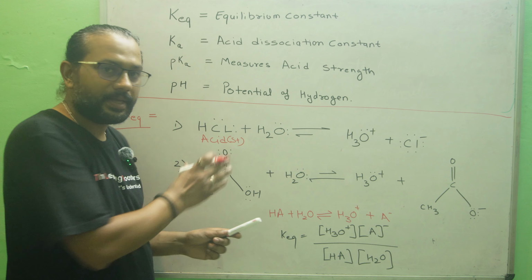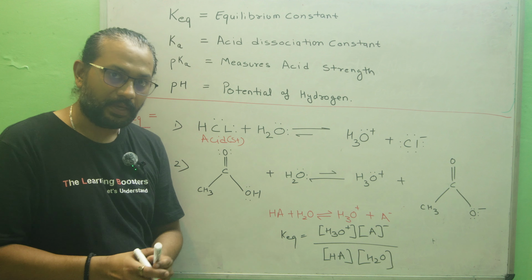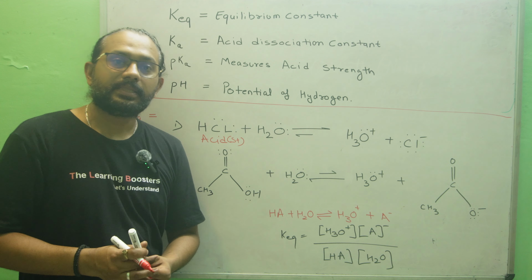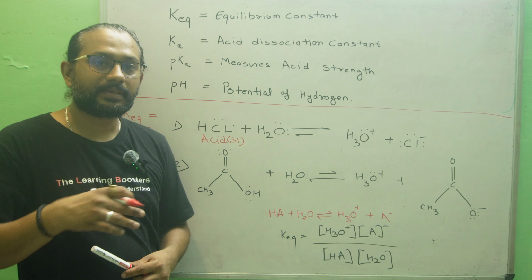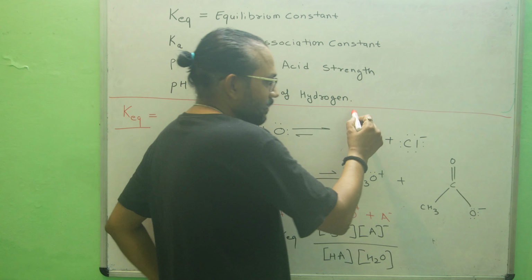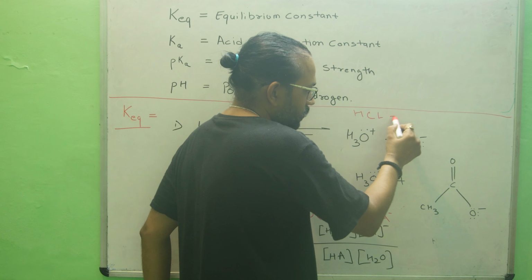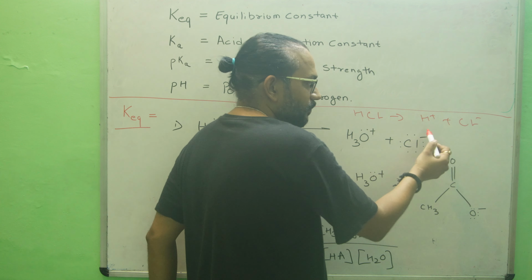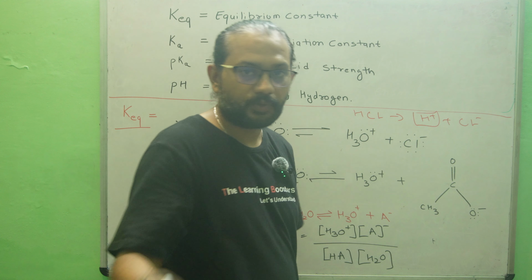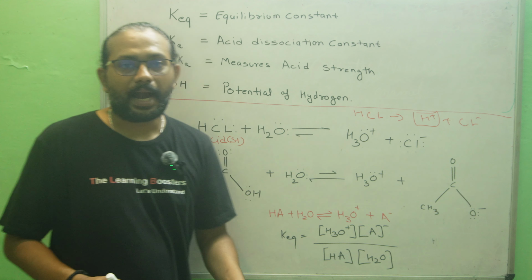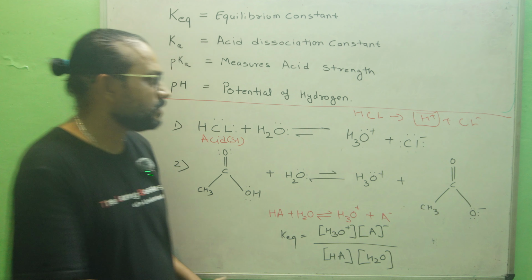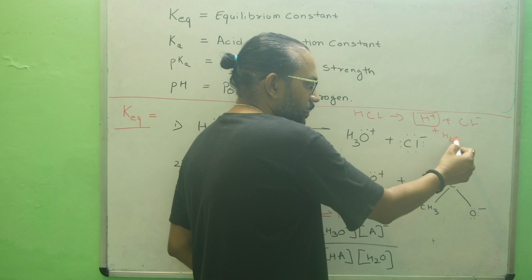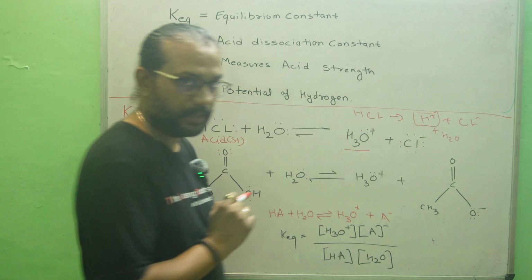When a strong acid like HCl is dissolved in water, the dissociation is complete, meaning the HCl forms Cl negative plus hydrogen ion, they completely dissociate. That's why we call it a strong acid. Now this H positive ion reacts with water to form a hydronium ion.